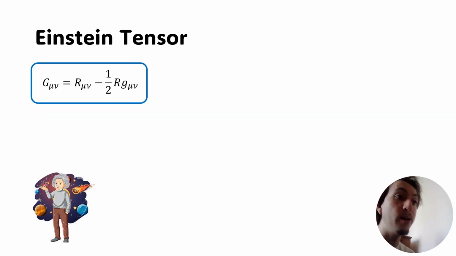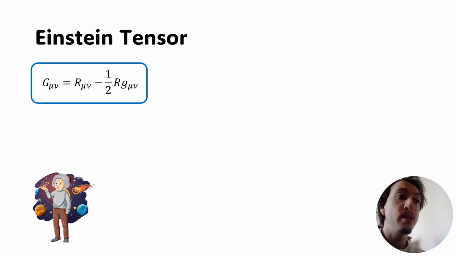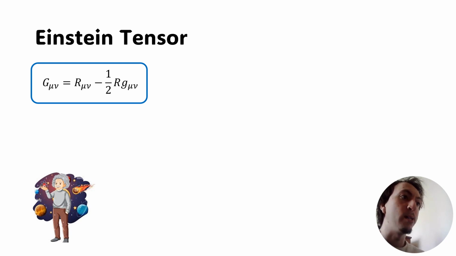And the Einstein tensor has a capital letter G. I'm not sure if this was intentional, but it's the same letter we use for Newton's constant of gravity, and it's kind of fitting, because it's this equation that encodes gravity into space-time. Everything about gravity can be seen in the Einstein tensor.